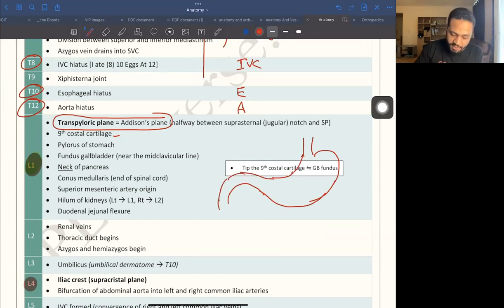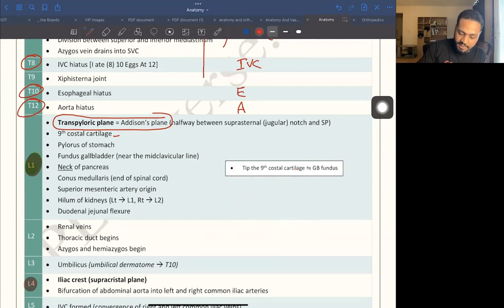So you have the duodenum as well. The duodenojejunal flexure, which is this part, will be at the same level. Obviously, my diagram needs to be a little bit different, just like that. Okay, and then this one as well.